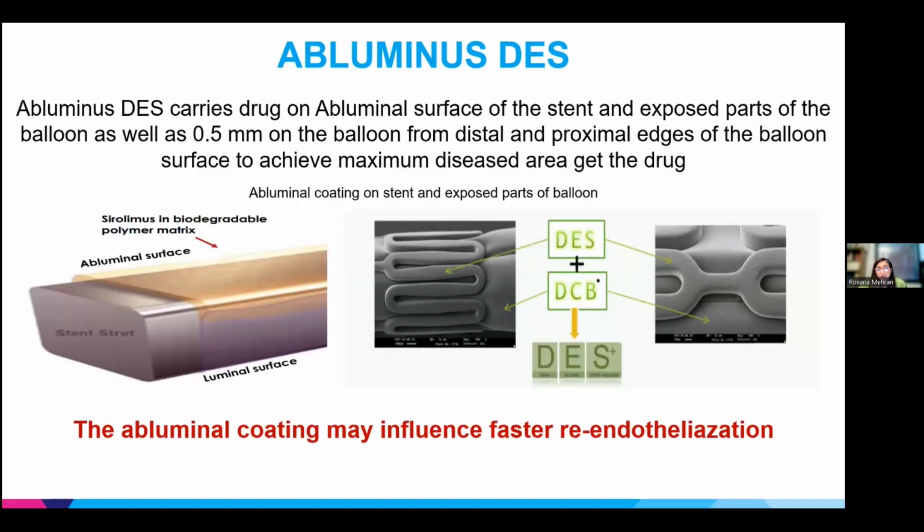So as you can see here with the abluminal surface sirolimus in a biodegradable polymer matrix, you're getting both a DES and almost a drug-coated balloon, because the coating is done post crimping, basically also exposing the balloon, the parts of the balloon that you can see here in between the struts as well as the edges of the stent. And the abluminal coating could also have some influence on re-endothelialization that we have to know.